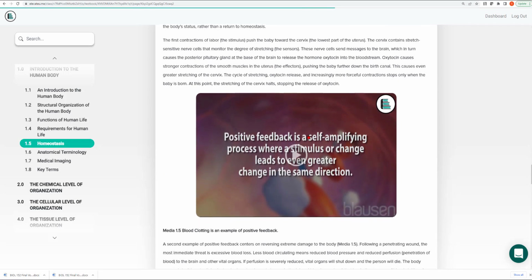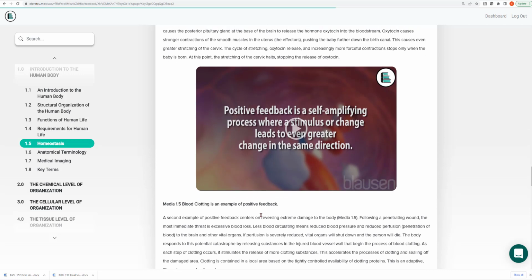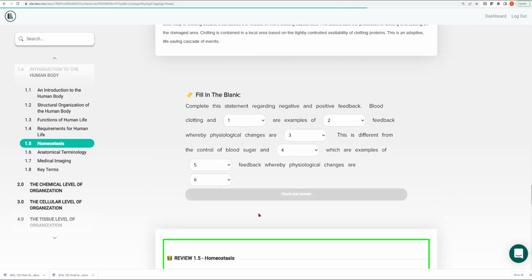Another example of positive feedback is blood clotting. Once blood begins to clot, it finishes the process until the blood clot is complete. The body doesn't really have an easy way of stopping blood clotting once it begins. We'll talk a lot about blood clotting later on in the course when we get to the cardiovascular system.